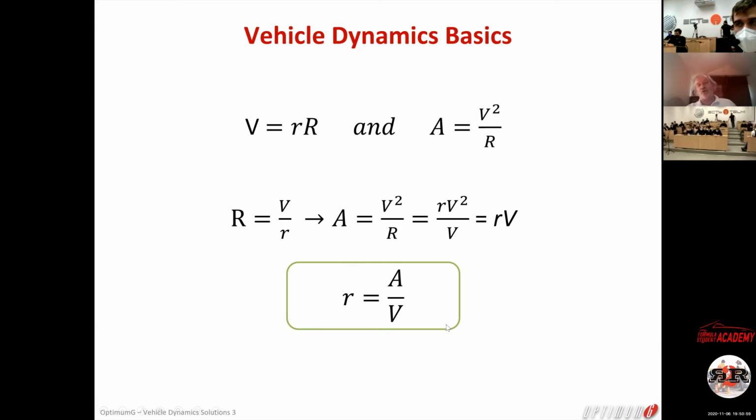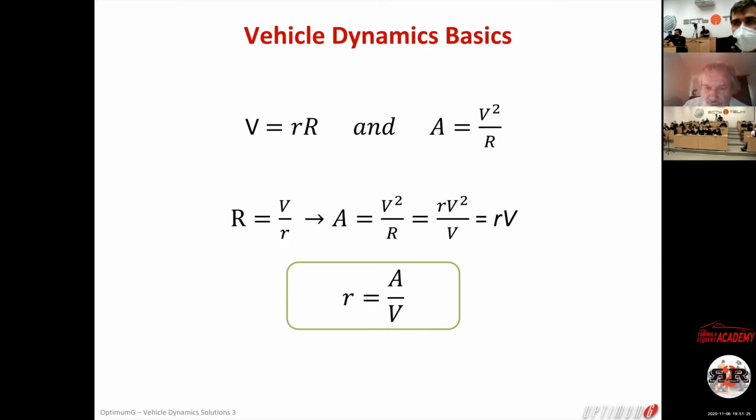And let's always check the equation here. Meter per second squared divided by meter per second equals radian per second. Multiply that by 180 divided by pi, in other words, 57.3, and you are going to have r in degree per second. All right.